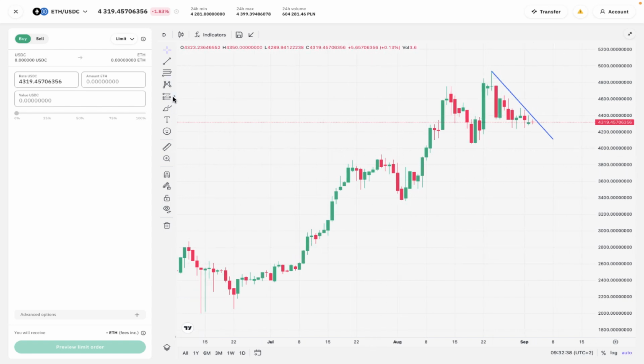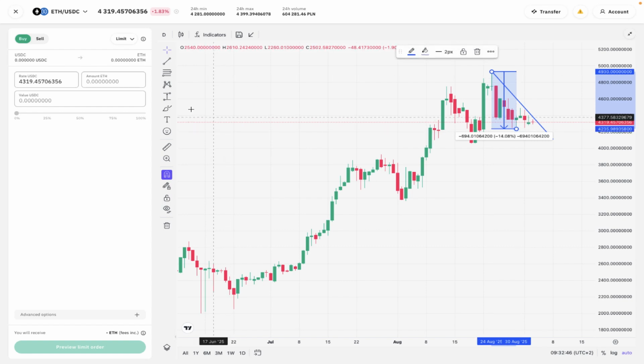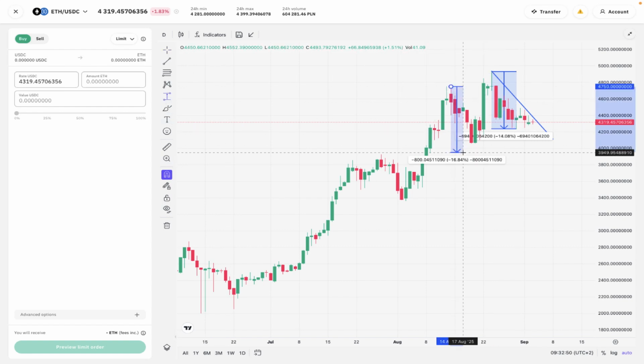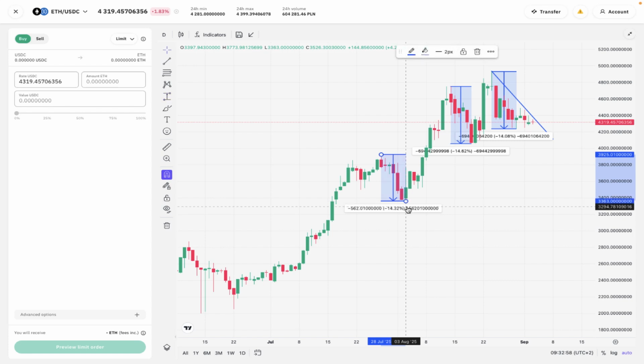What do I mean? I mean that if we take the price range and we place the range here, we got minus 14%. Previous correction was, there you go, minus 14.62, and this one was minus 14.32, right?